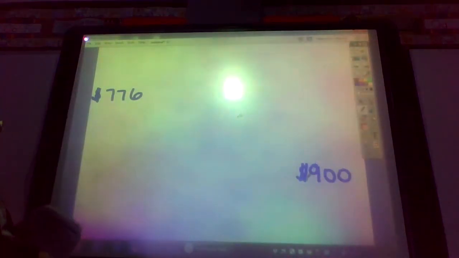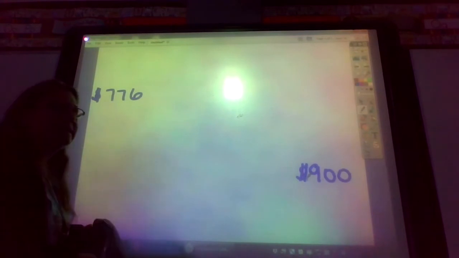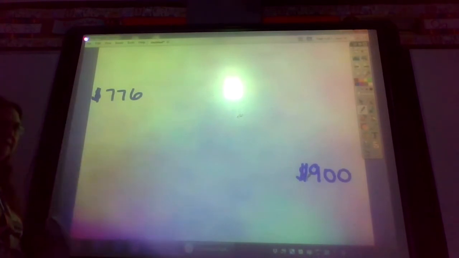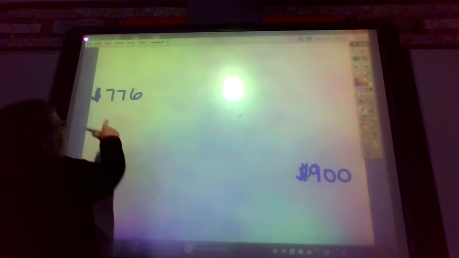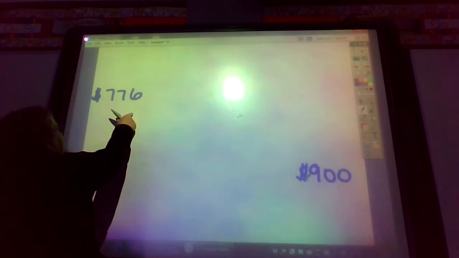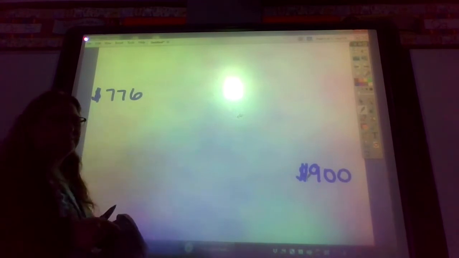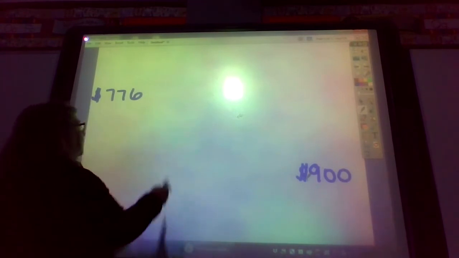But remember, once I get to a tens number, I start counting by tens. Once I get to a hundreds number, I can count by hundreds. So I have 776. It's not a tens number yet. So I'm going to have to count by ones.